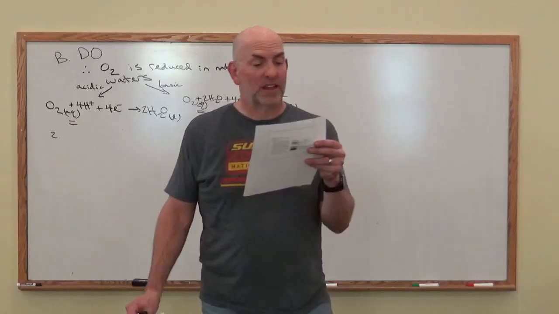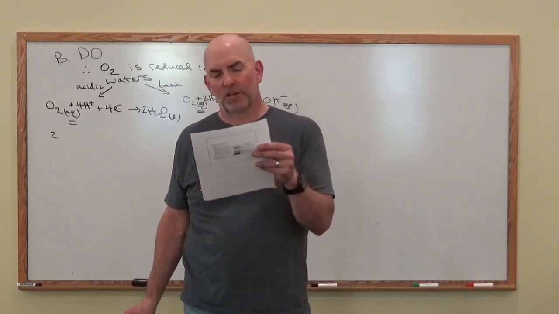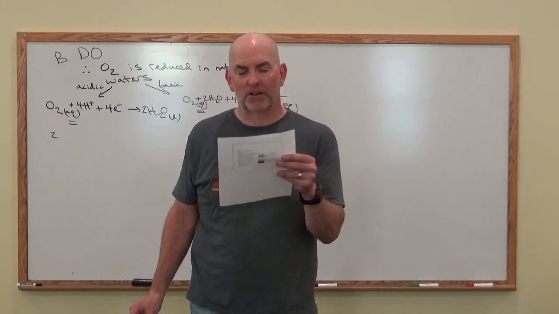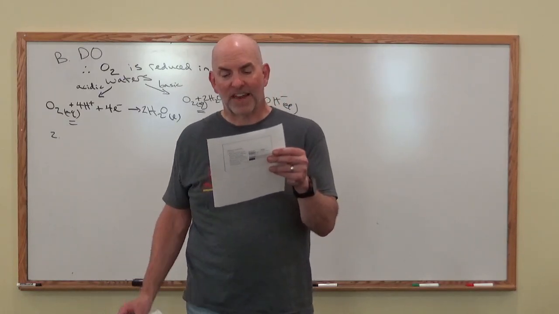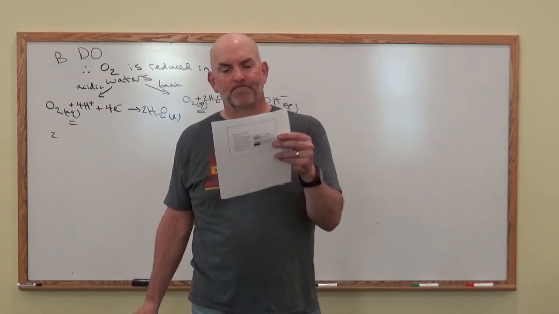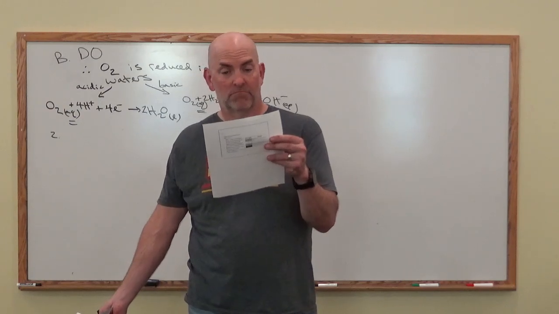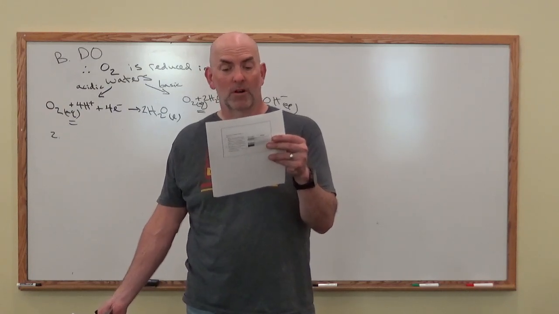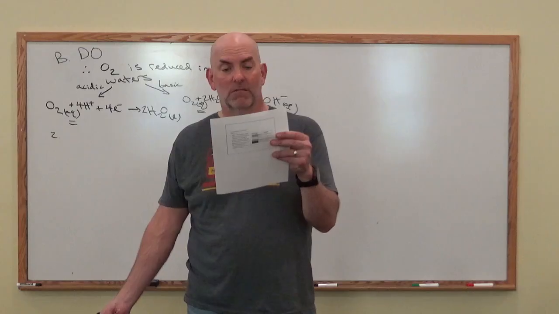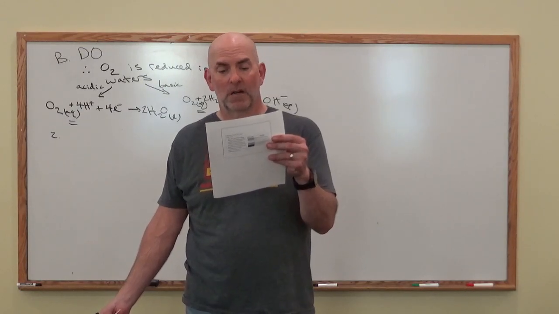We went through units before. Just remember that parts per million is milligrams per liter, parts per billion is micrograms per liter. The graph that I have there, I don't think that was in the book, shows you that as the water gets warmer, you have less dissolved oxygen, milligrams per liter, so ppm.